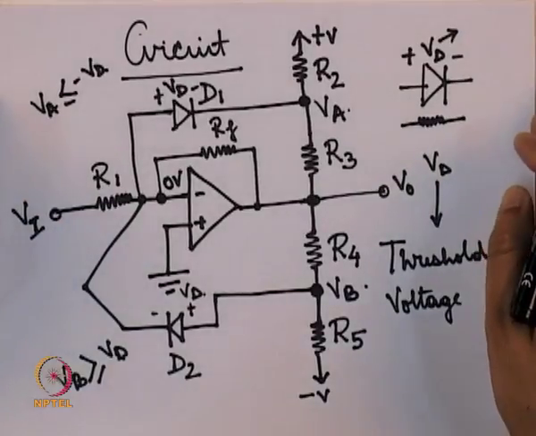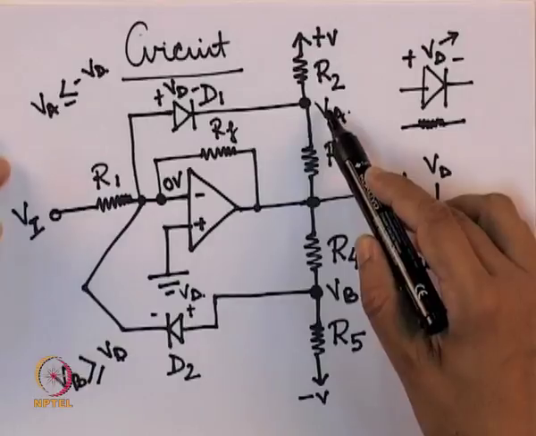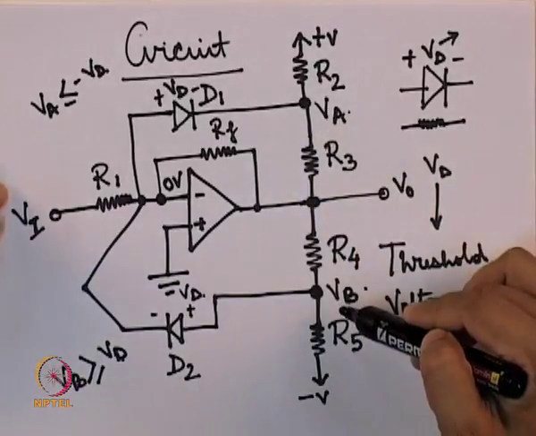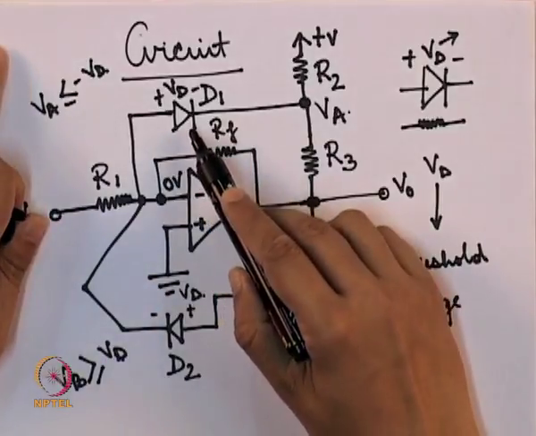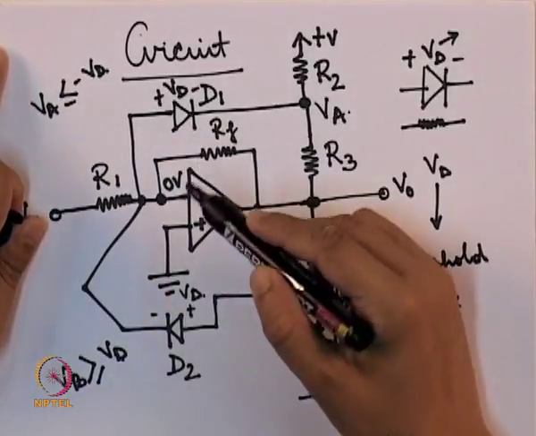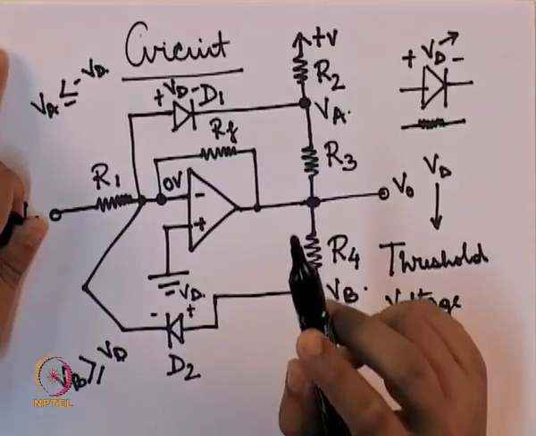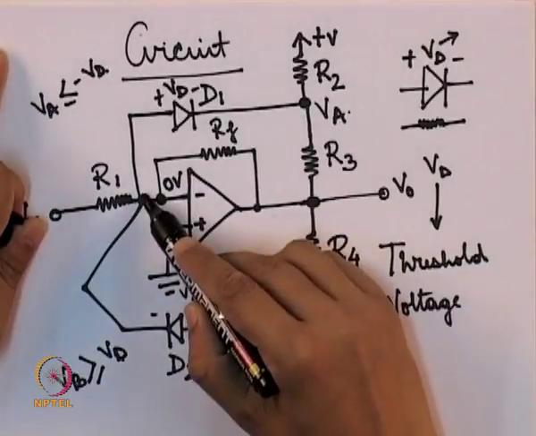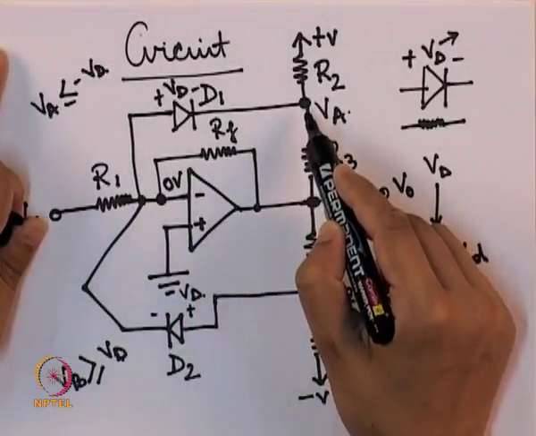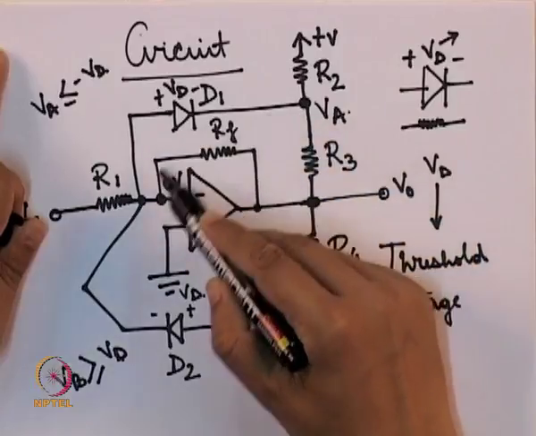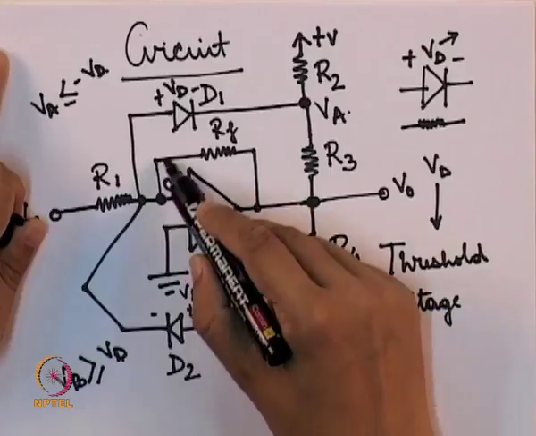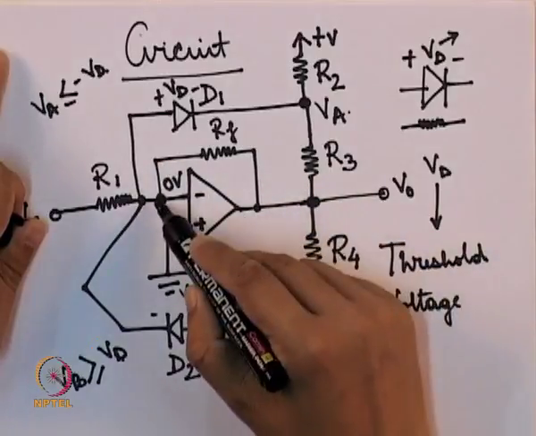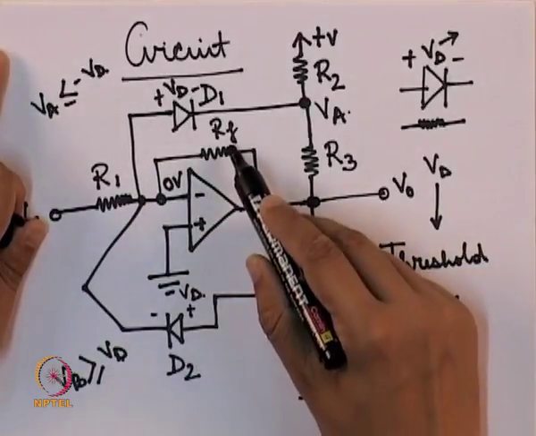So, let us see now how the voltage VA and VB change. Also remember that when D1 is not conducting, then there is an open between this terminal and this terminal, so the total resistance appearing across this point and this point is Rf.